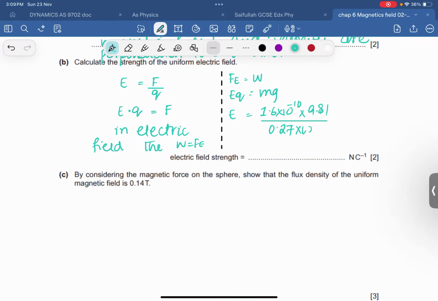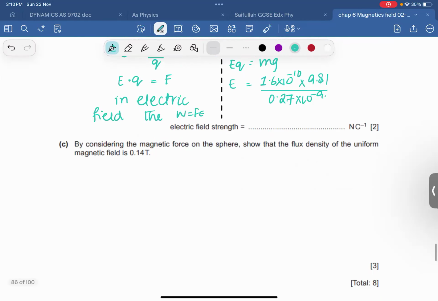So you can calculate, and we are getting 5.81.